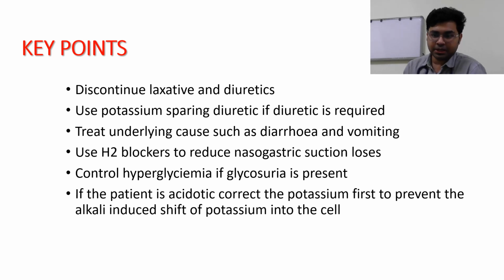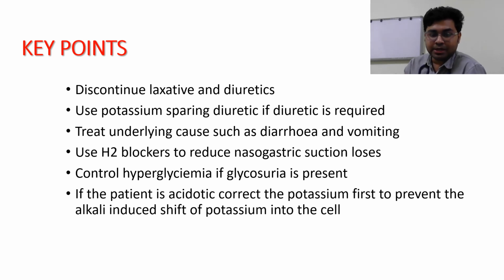Just think like this: if you are getting a patient with metabolic acidosis, the first thing you will like to do is correct the acidotic component by use of soda bicarb or alkali agents. Now what happens is if you are not correcting the potassium first, then by correcting acidosis with alkali, you will enhance the shifting of the extracellular potassium into the intracellular space.